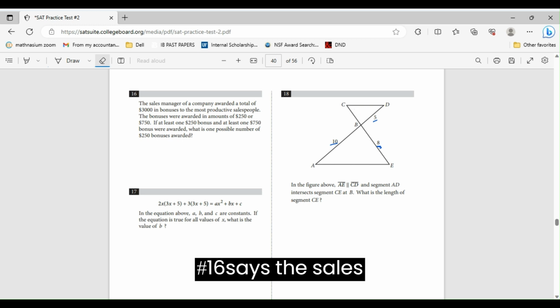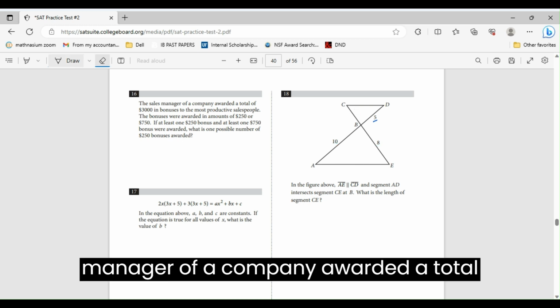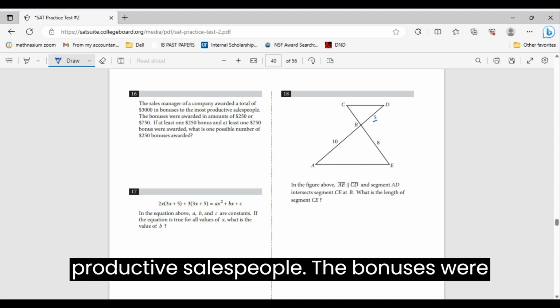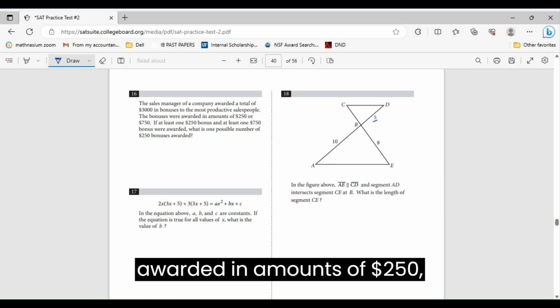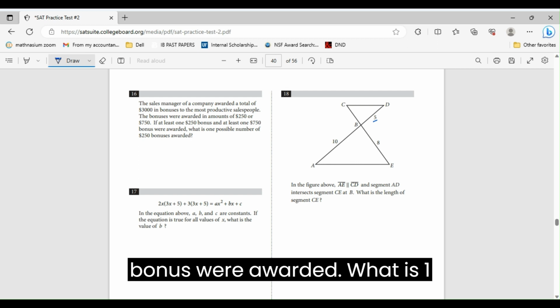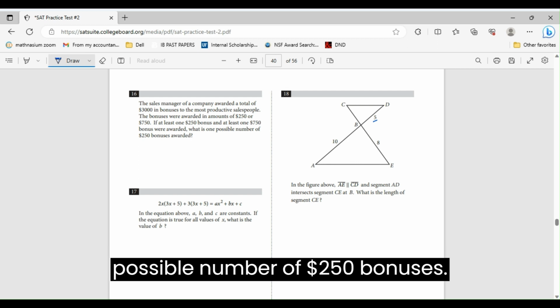Number 16 says the sales manager of a company awarded a total of $3,000 in bonuses to the most productive salespeople. The bonuses were awarded in amounts of $250 or $750. If at least one $250 bonus and at least one $750 bonus were awarded, what is one possible number of $250 bonuses?